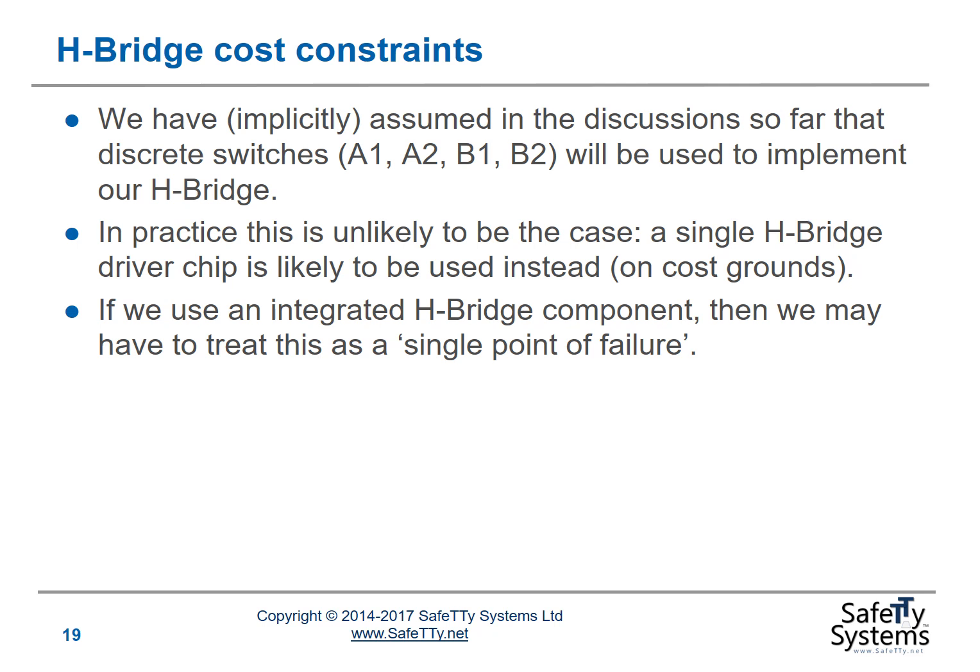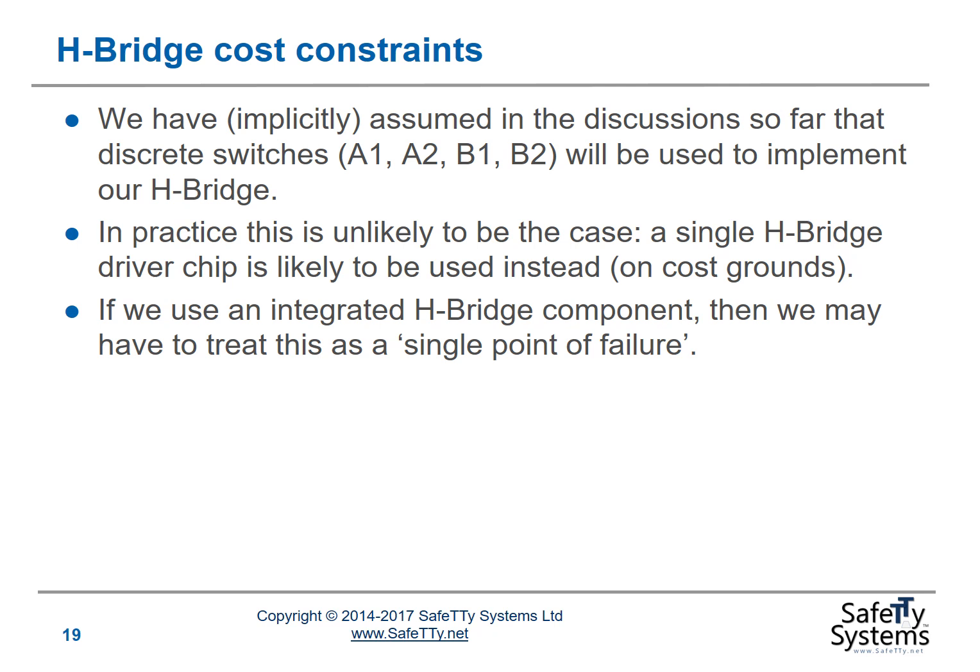We've implicitly assumed in the discussion so far that we're going to use discrete switches, A1, A2, B1, B2, to implement our H-bridge. In practice, we probably wouldn't do this. A single H-bridge driver chip is likely to be used instead, because this will be cheaper. If we use an integrated H-bridge component, then we may have to treat this as a single point of failure.